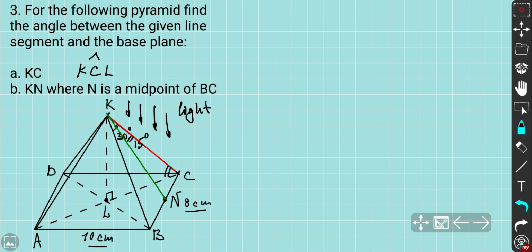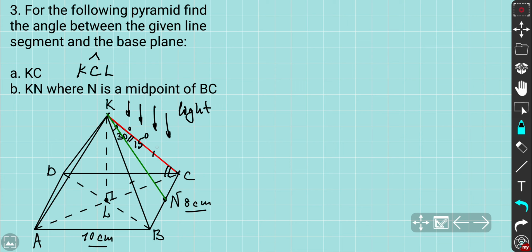Why? Because KN is the slant height in the pyramid, and the slant height always bisects the angle, because triangle KBC is isosceles. According to the figure, the pyramid is upright.